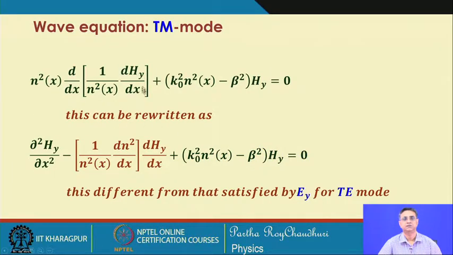But because this is a TM mode and you have a refractive index discontinuity at the interfaces, that is taken care of by this term. This we have discussed earlier also. So, this equation can be rewritten in a little more simplified form, and it is now different from the TE mode equation, which was satisfied by the Ey field.